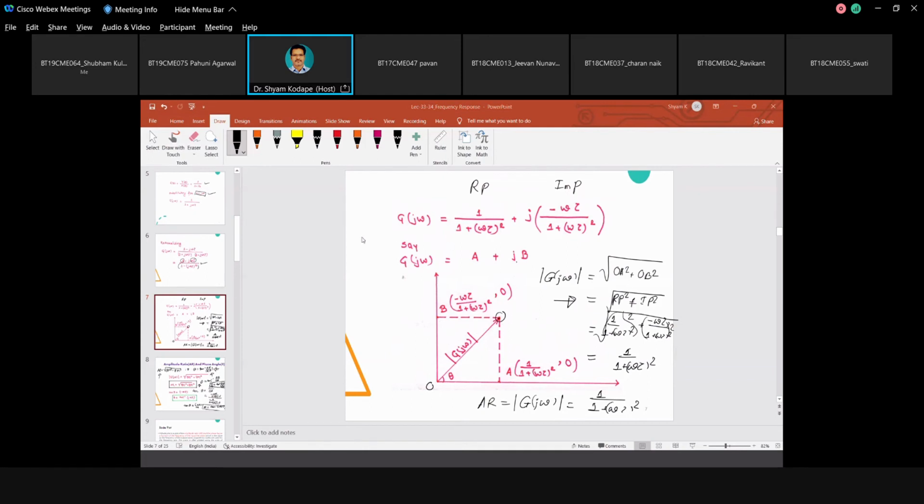Sir, amplitude ratio will be under root 1 over 1 by omega square tau square.